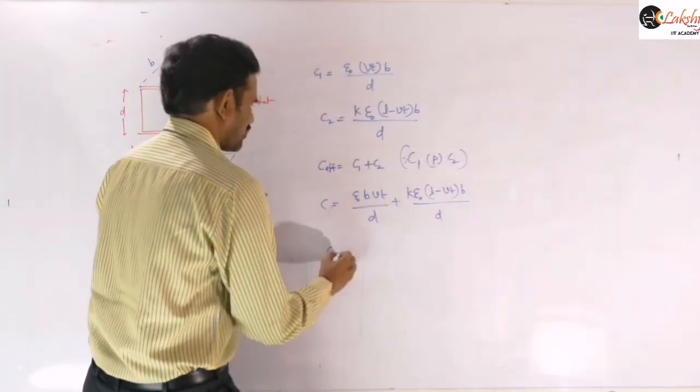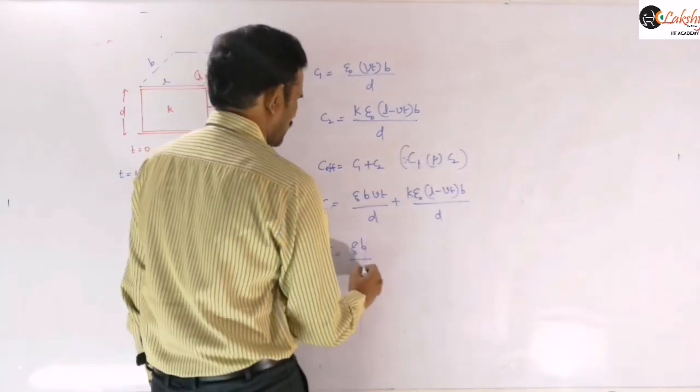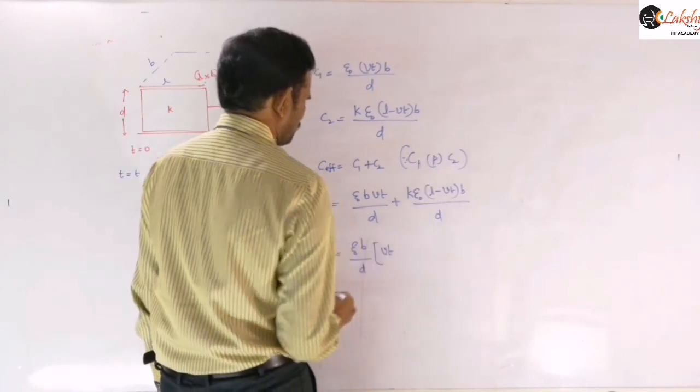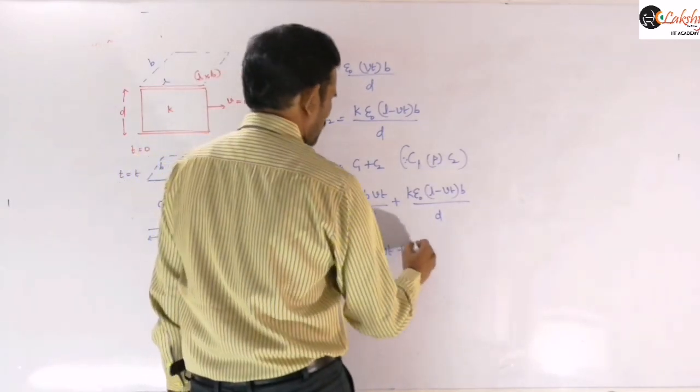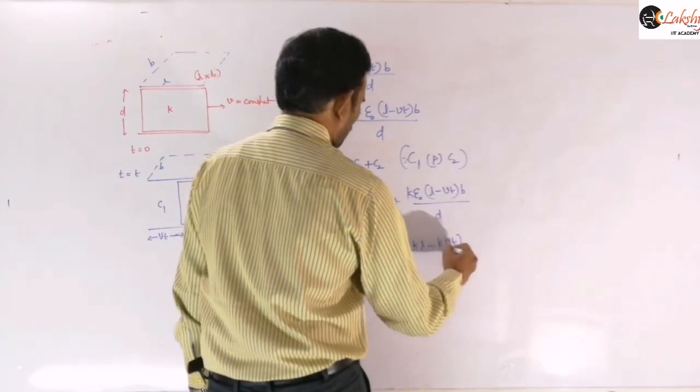Let us take the common terms: epsilon naught B by d common. Then the expression is vt plus K into L minus K into vt.